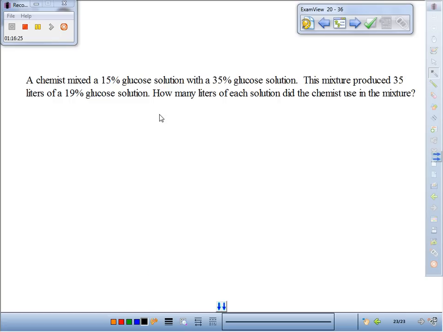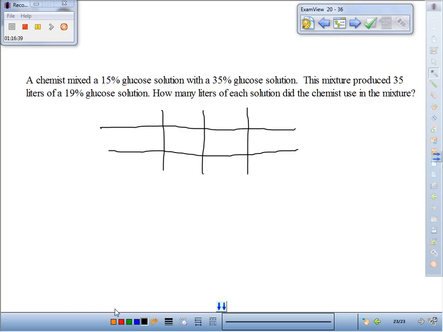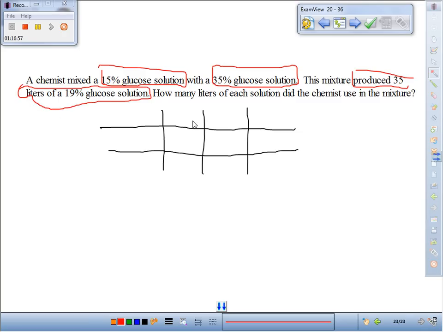Once again, 3 lines down, 2 across, and let's read this. It says, a chemist mixes 15% glucose solution with a 35% glucose solution to make a mixture that produces 35 liters of 19% glucose solution.